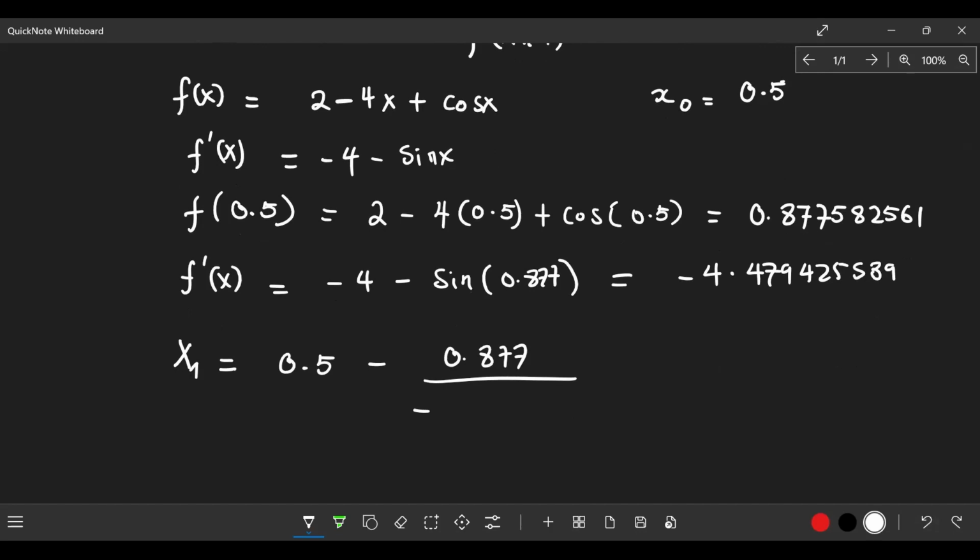Notice that we are putting a negative and this negative here, so the end result will be plus, because this one is bringing a negative there.